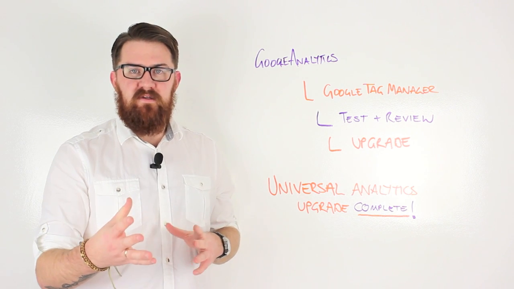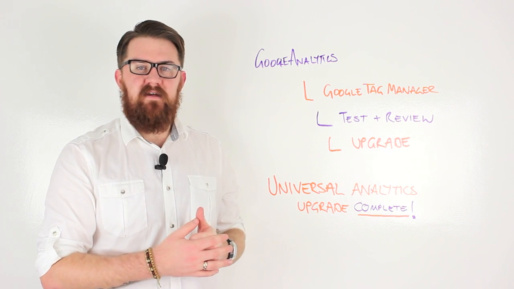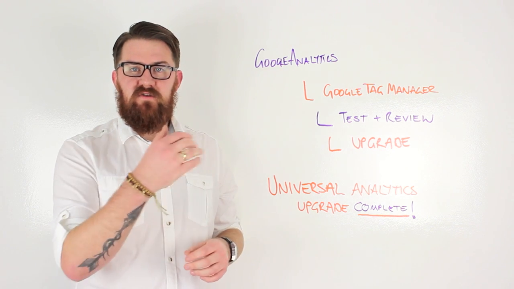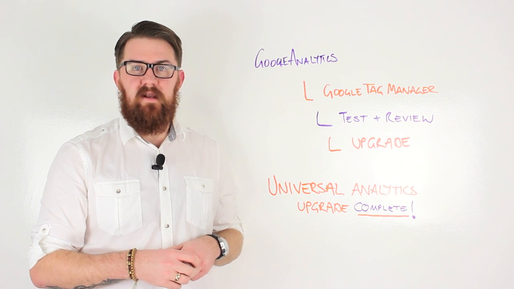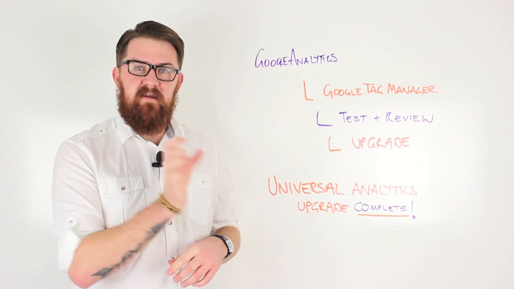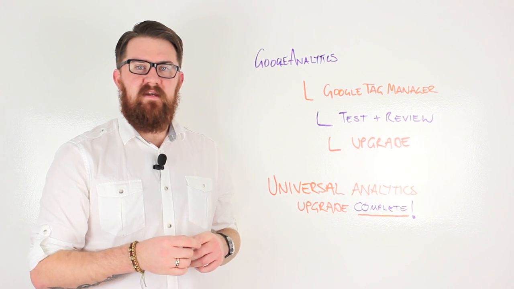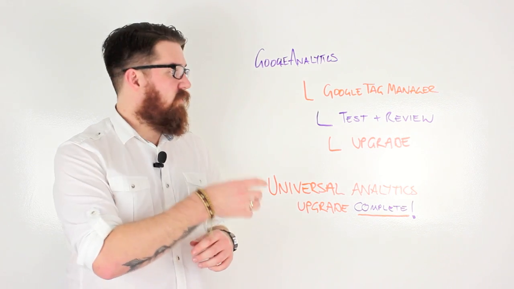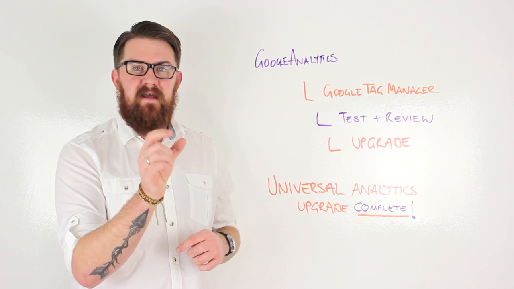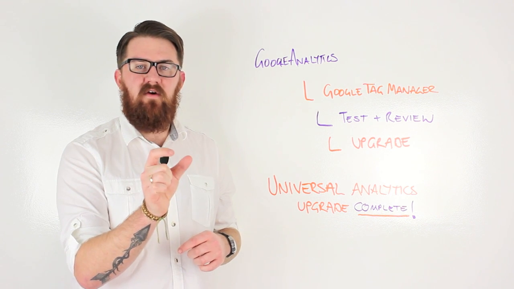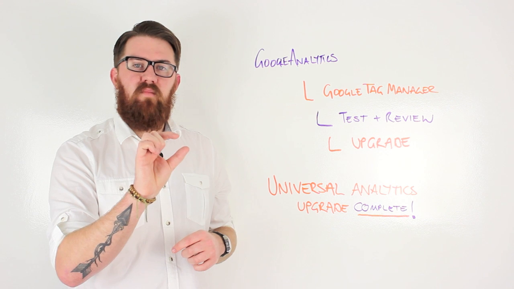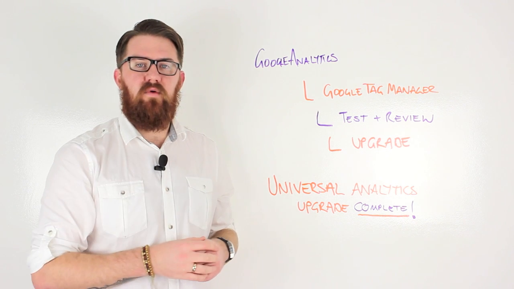So what we're going to do now is go back into Google Analytics, go to your legacy property and transfer that property to Universal Analytics. Once that transfer is complete, what we need is the tracking ID of your legacy property. We'll take that, we'll go into Google Tag Manager, and within the Universal Analytics tag, we're going to change the tracking ID that you specified before from the new property that you set up to your legacy property.